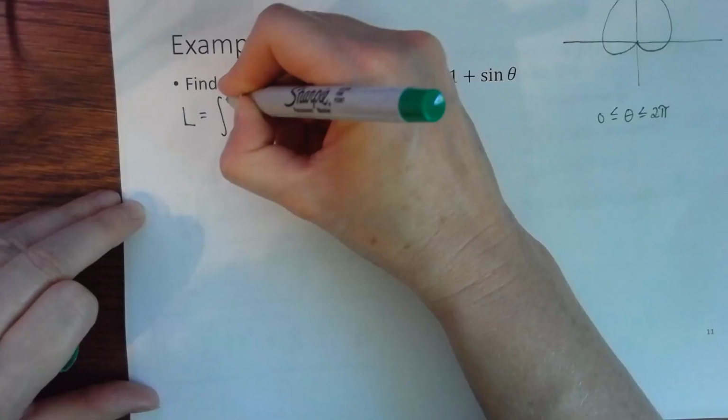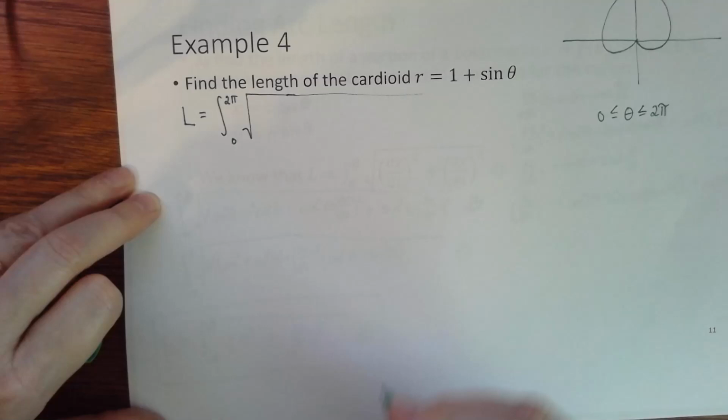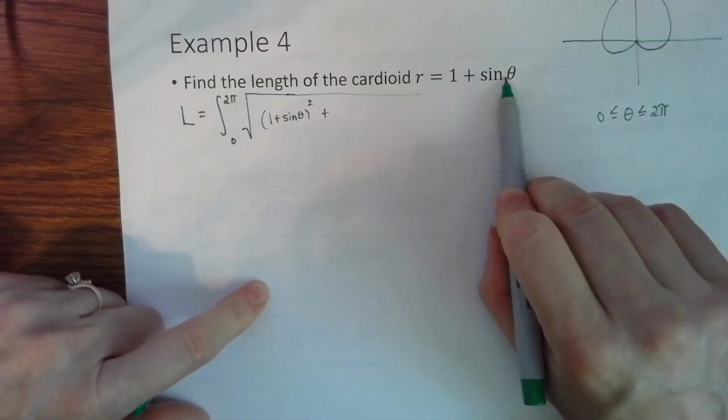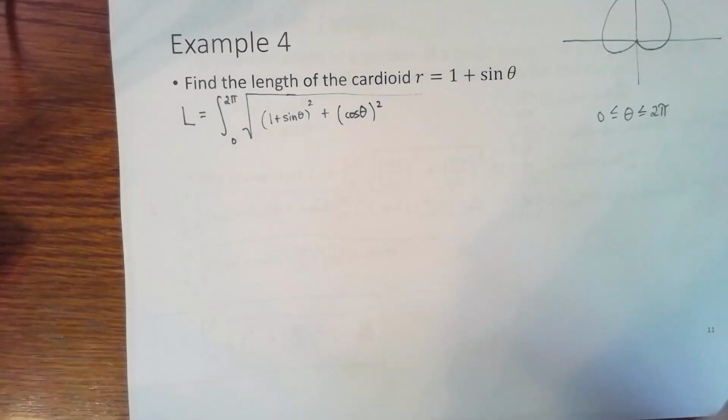So we go from 0 to 2π, and then the square root of r squared. Well, our r is 1 plus sine of θ. And then plus dr/dθ, so we need to take the derivative. The derivative of this one is cosine θ, and that needs to be squared.